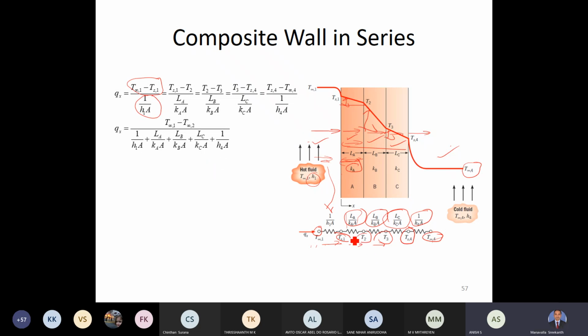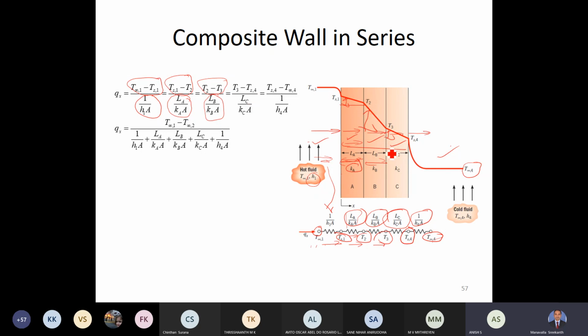The heat transferred in the second resistance will be, because of conduction resistance, the temperature difference Ts1 minus T2 divided by the conduction resistance, which is LA by KAA. Similarly, in the next slab, we have the temperature difference T2 minus T3 divided by LB by KBA.